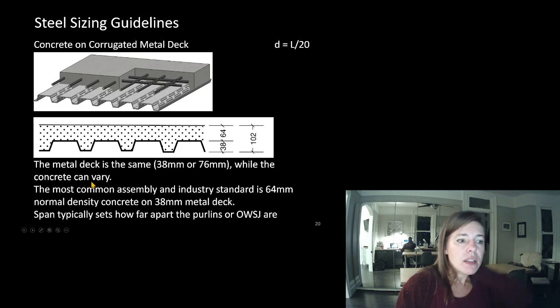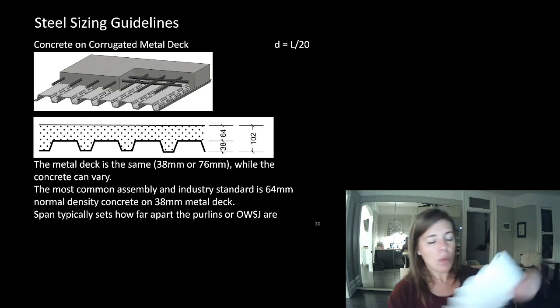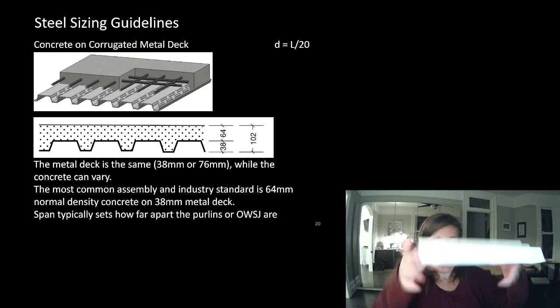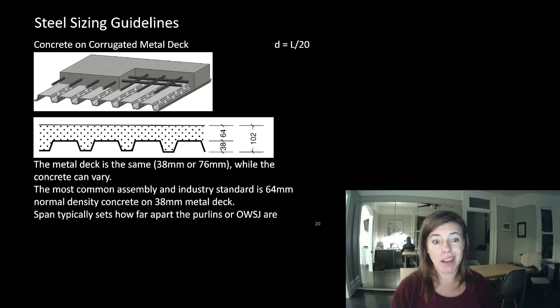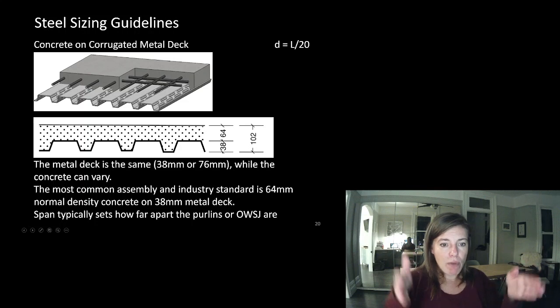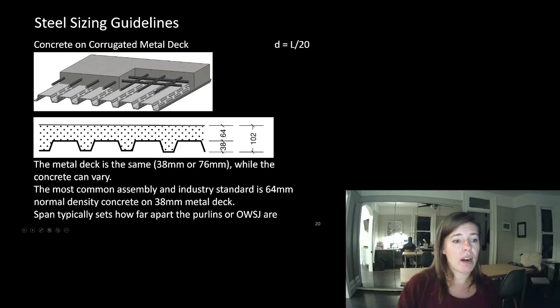We are talking about normal density concrete on 38 millimeter deck. Span typically sets how far apart the purlins or open web steel joists are. Because now, what we're really talking about is this filled with, I don't know, Jello? We put this in a pan and we fill it up with Jello and then take it out? Something along those lines. So we're still talking about how far apart the things that support it are.